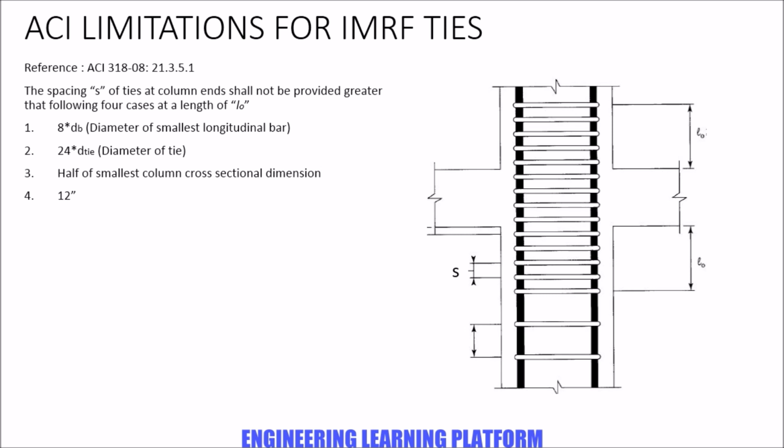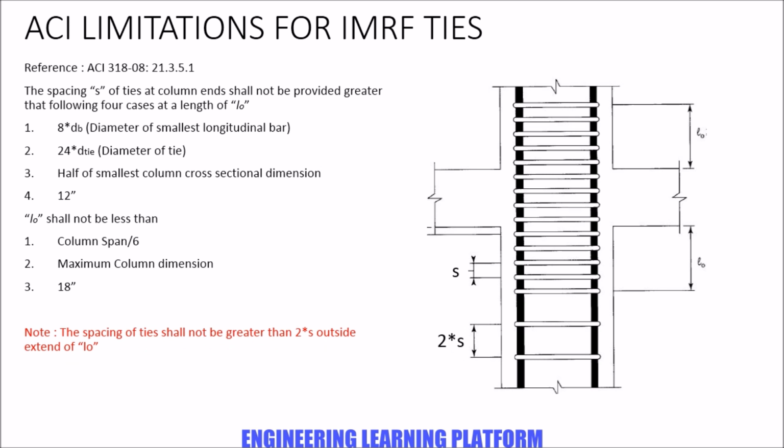The distance L0 near the support shall not be less than the column span divided by 6, the maximum column dimension, and 18 inches. The spacing of the ties shall not be greater than twice the spacing at the supports.